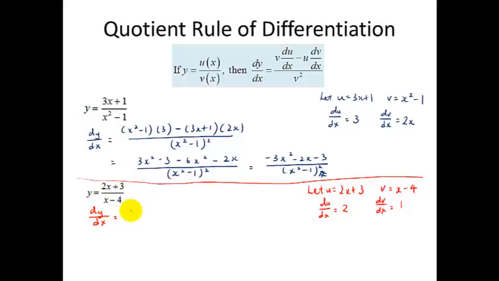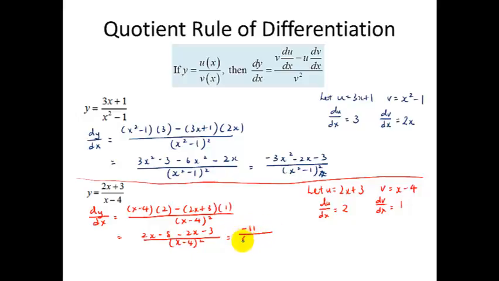Using the formula, it is v du/dx minus u dv/dx over v squared. Again, now it's just simplifying and tidying up the terms. This is my final answer for dy/dx.